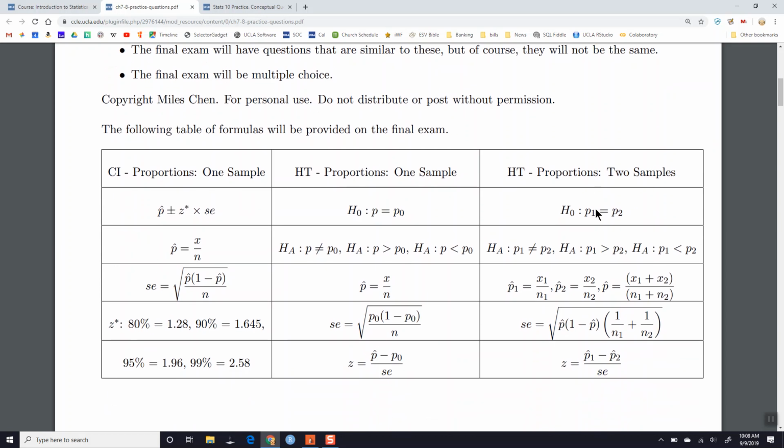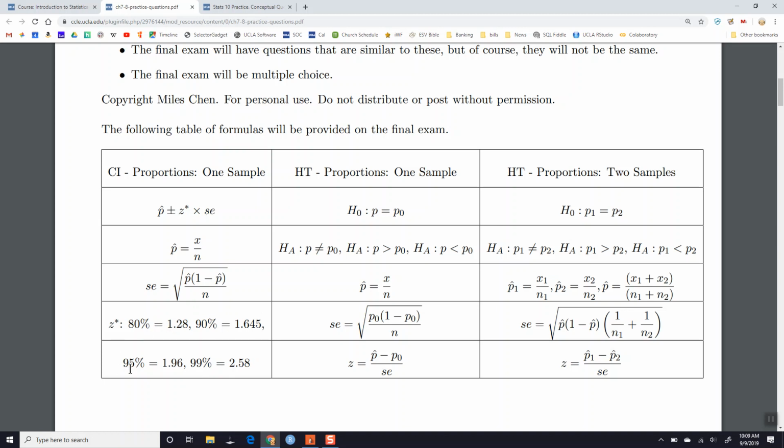I don't know. Okay. Oh, and then I will provide this table of formulas. This will be provided to you on the final exam. So as far as memorizing the formulas for standard error, you can, but you don't have to. This will be provided here, okay? And then the different z-star values for the different confidence levels are here.